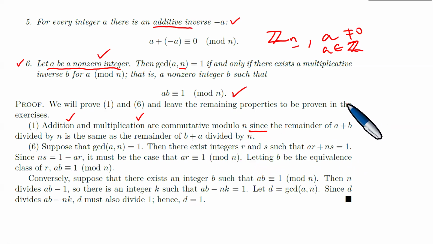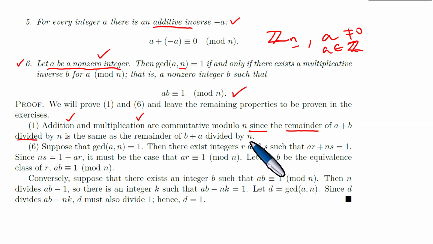So the author is saying the proof is about remainders. You're dividing: the remainder of a plus b divided by n is the same as the remainder of b plus a divided by n. Something important. Therefore, addition and multiplication are commutative modulo n, and we have that.